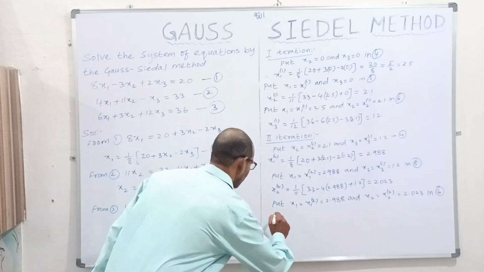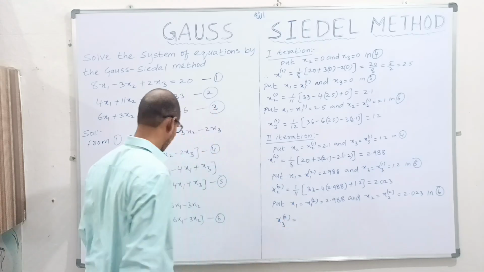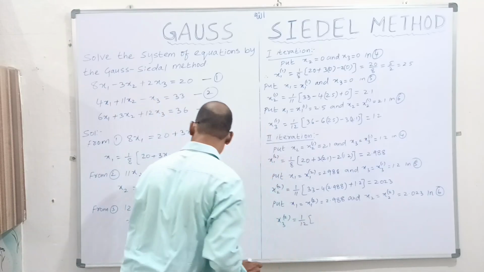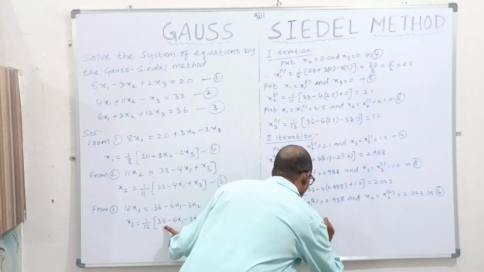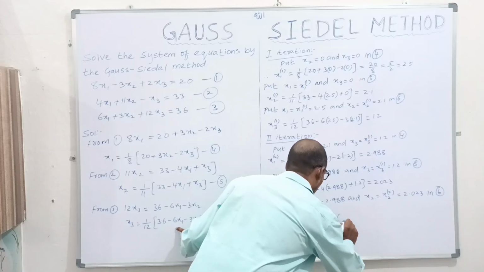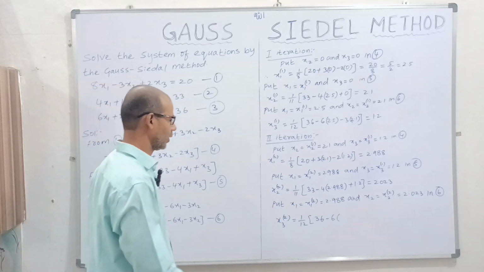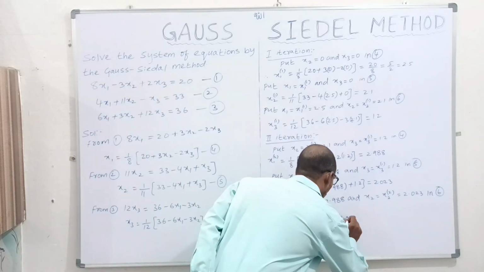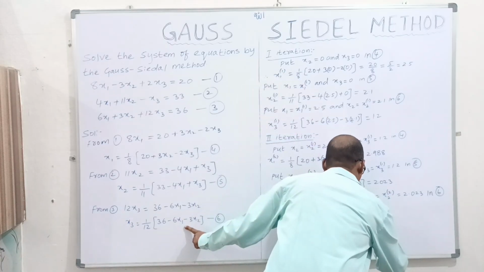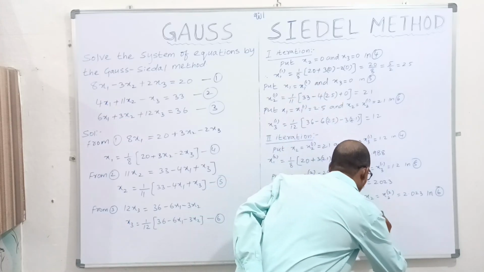So x3 is 1 by 12 into (36 minus 6 times x1, that is 2.988, minus 3 into x2, that is 2.023).